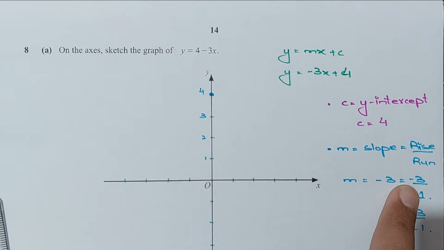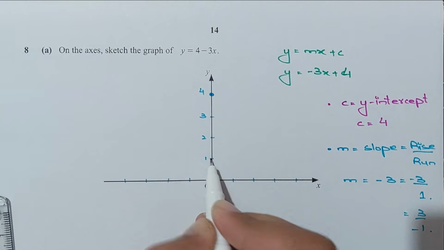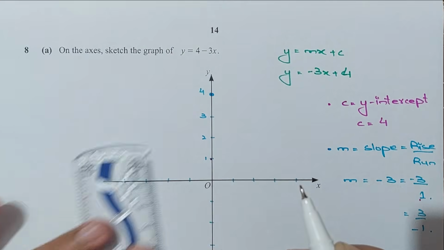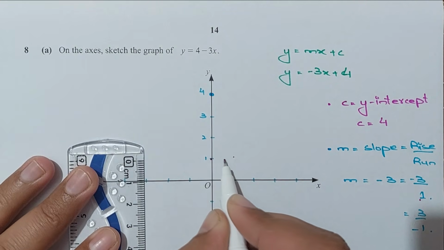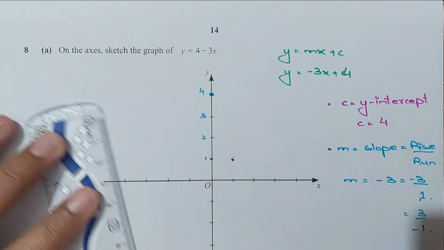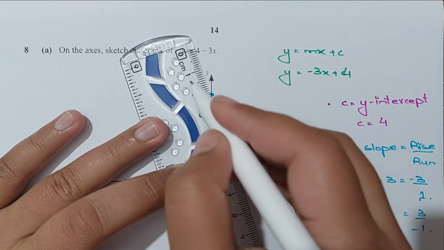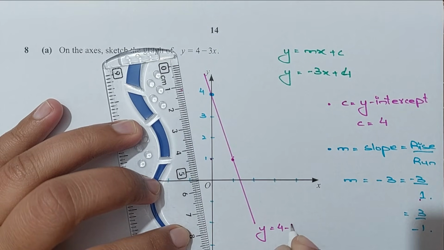So rise can be up or down, and run can be left or right. The rise is 3 units down, and the run is 1 unit to the right. So this point is (1, 1). That is the sketch for the line y equals 4 minus 3x.